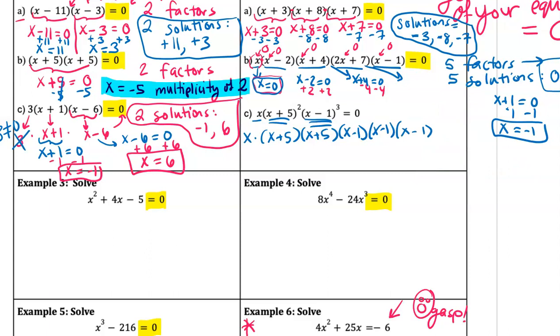So when I take this factor and set it to 0, that's one answer, so I have one solution of 0. I have another 2 solutions for making x plus 5 0. So if I solve that, I'd have x equals -5 twice. So multiplicity of 2.